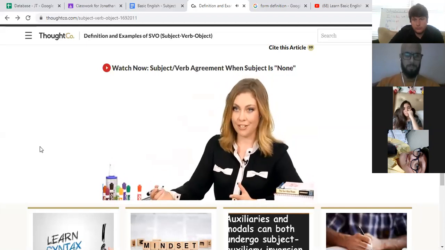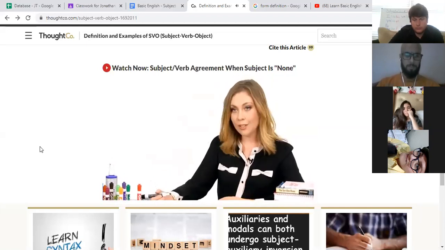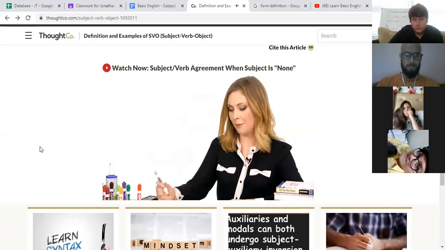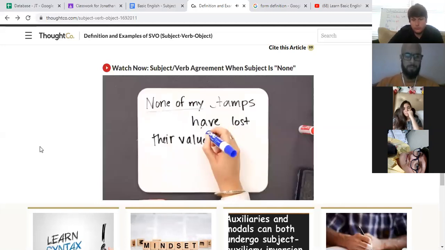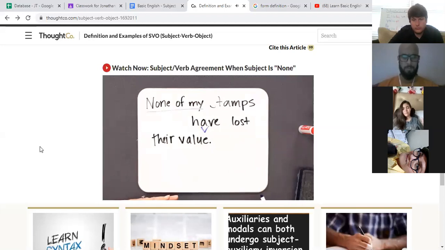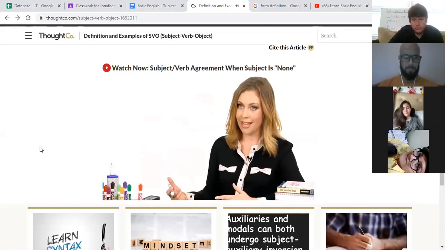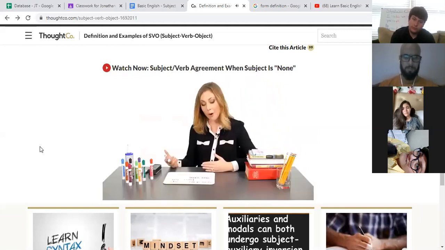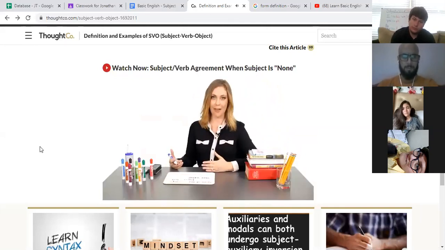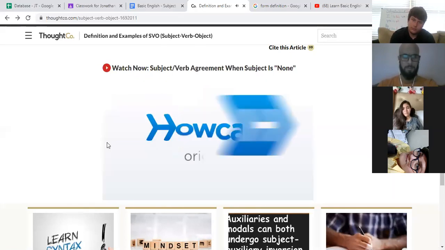None is functioning in a plural way, and we need the plural verb to make sure that there's agreement. So that's why in this sentence we reach for the verb have, which is plural. None of my stamps have lost their value. In other words, it wouldn't be correct to say none of my stamps has lost their value. So I hope that this makes it a little bit clearer about how to make sure that there's agreement in your sentence when you come across that tricky word, none.